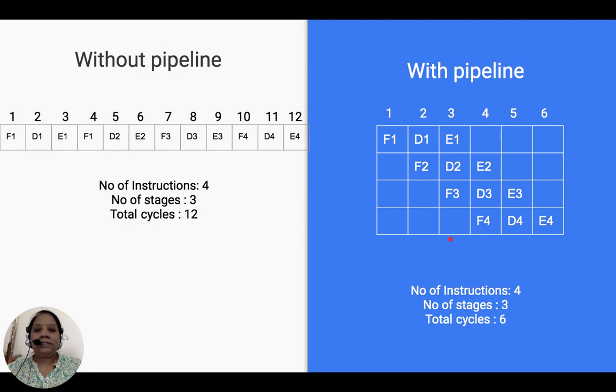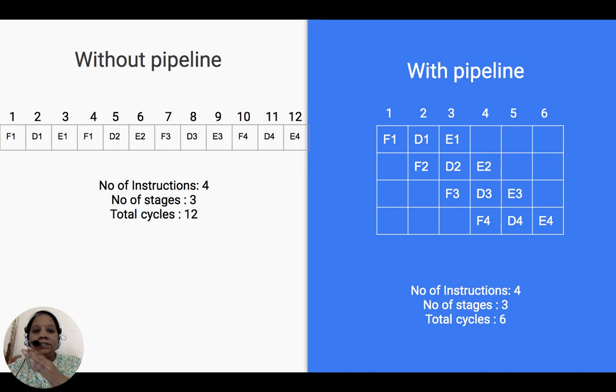Just observe the style here. When it is a processor without pipeline, the style of instruction execution will be fetch, decode, execute; fetch, decode, execute; fetch, decode, execute. But when there is a processor with pipeline, it is fetch, decode, execute for the first instruction. Then onwards, every clock cycle it is execute, execute, execute.